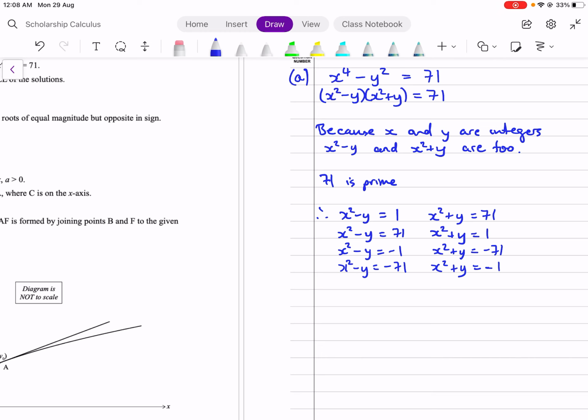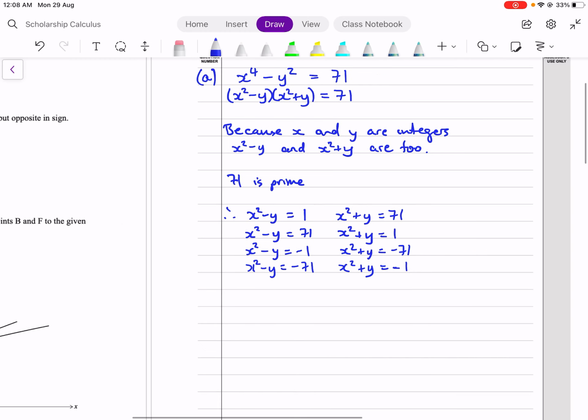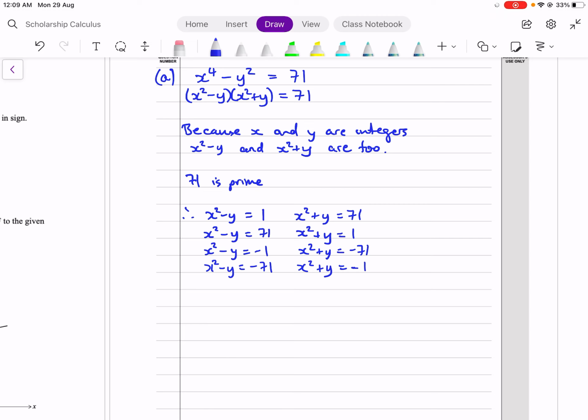Okay, so if we look at the first possibility, which is the top row, x squared minus y equals 1, x squared plus y equals 71. If we add those two equations, we get 2x squared equals 72, or x is plus or minus 6.